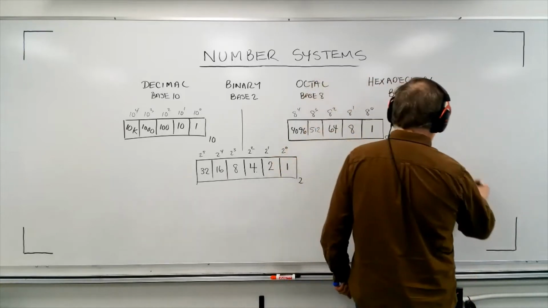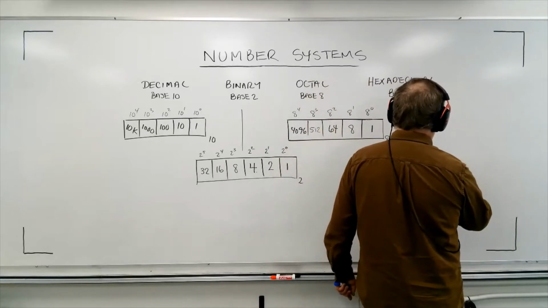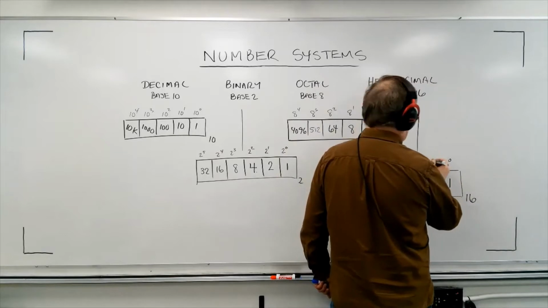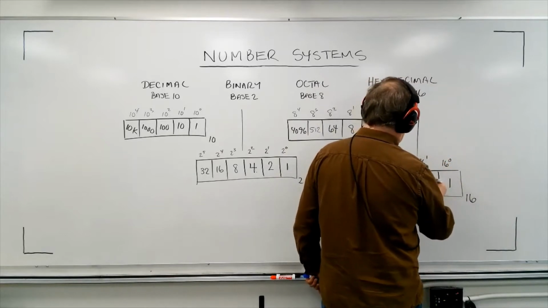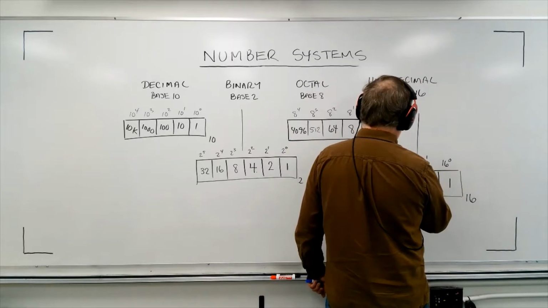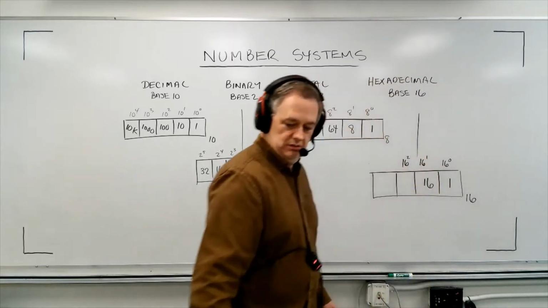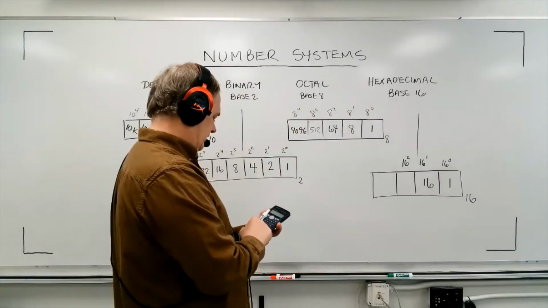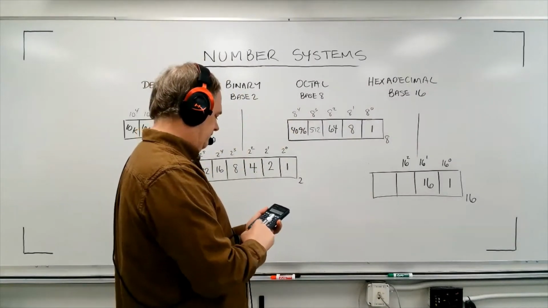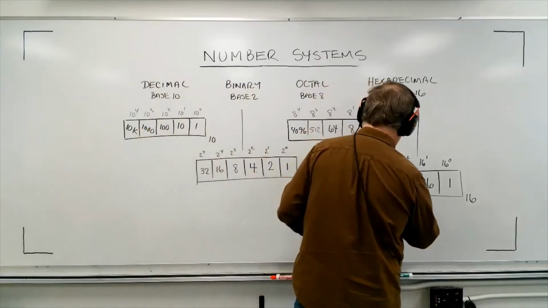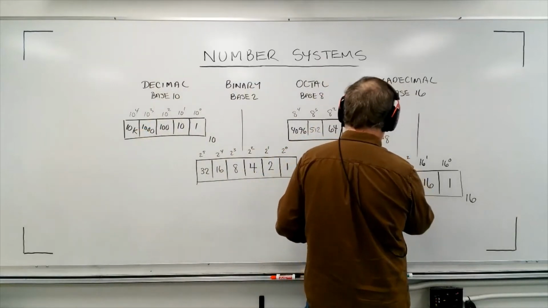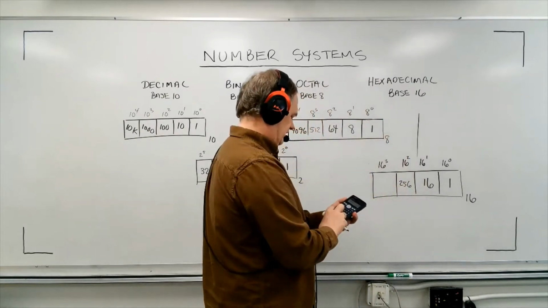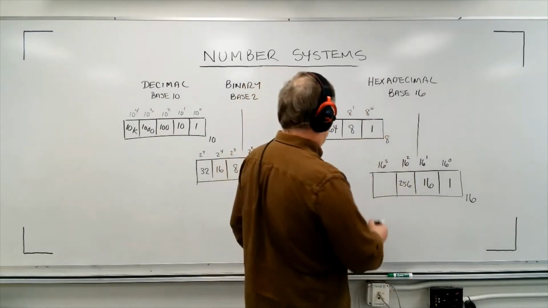So base 16, 16 to the power of 0 is 1. 16 to the power of 1 is 16. 16 to the power of 2, 16 times 16, I think it's about 256. And that it is, 256. And now we have 16 exponent 3, which is this times 16, and I get 4096.